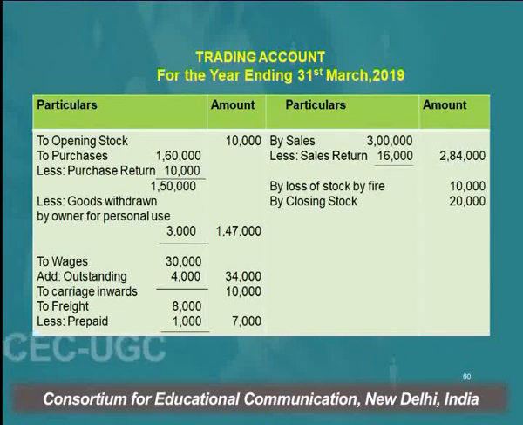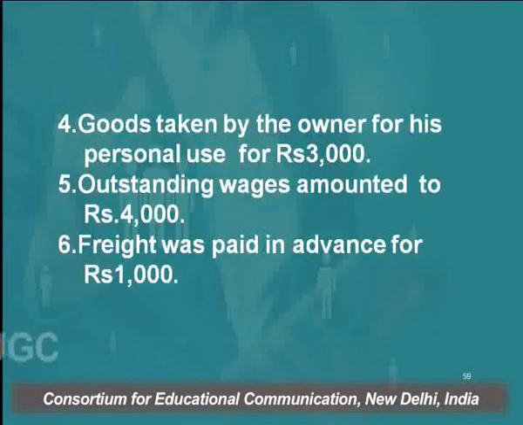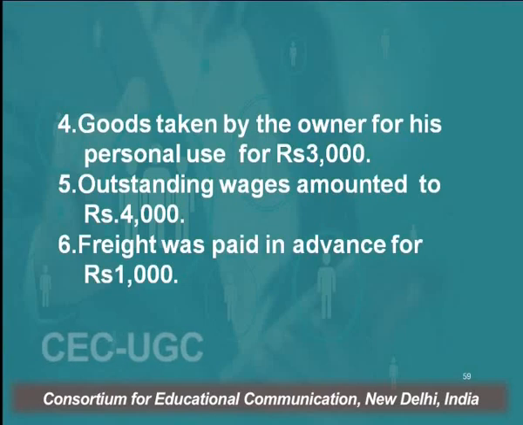The next item is carriage inward, which is given 10,000. Freight was given in the question 8,000, but out of 8,000, 1,000 is given in the additional information as freight paid in advance. That is, we have paid in advance rupees 1,000 which is relating to the next year.